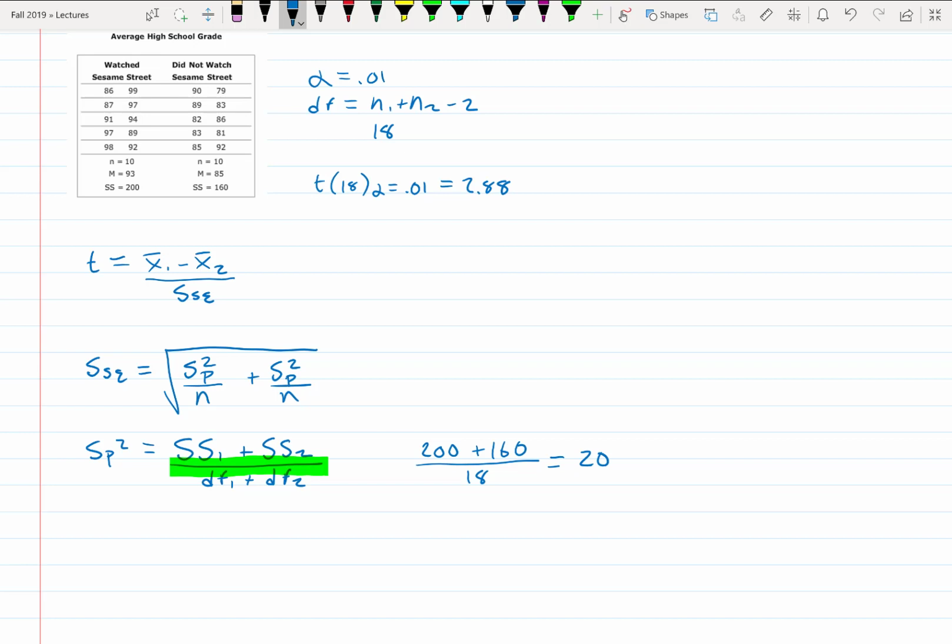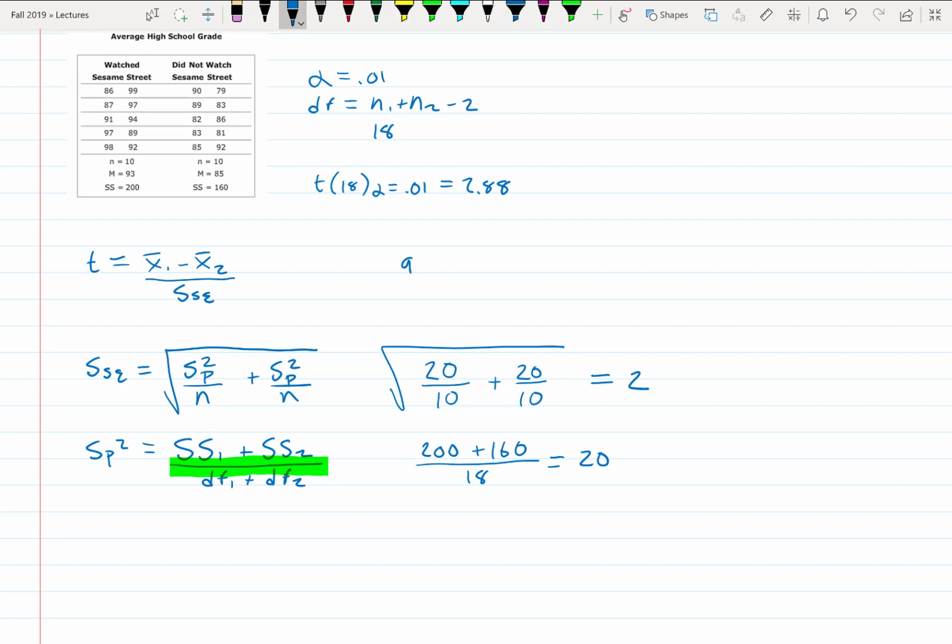If we have a pooled variance, now we're ready to go back up to computing a standard error. So we have the square root of 20 over 10 plus 20 over 10, and that you'll find is going to be equal to 2.